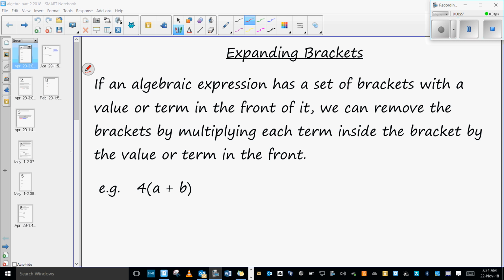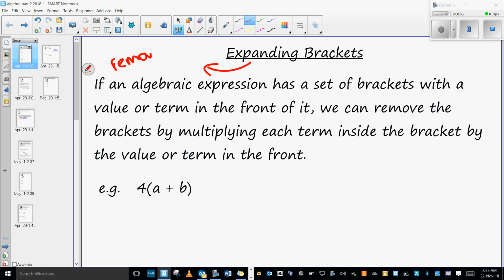Okay, so if an algebraic expression has a set of brackets with a value or term in front of it, we can remove the brackets by multiplying each term inside the brackets by the value or term in the front. And this process is called expanding the bracket. If you're expanding a bracket, you're removing it.